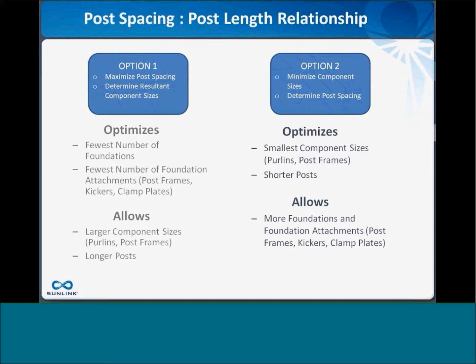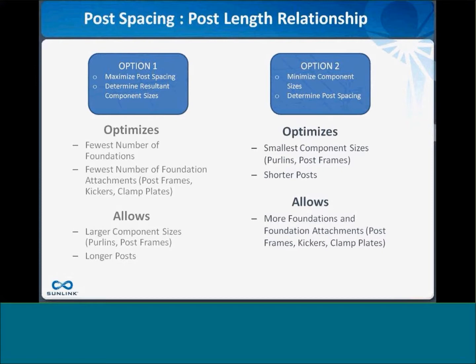So however your racking is attaching to that post, which is often an expensive piece of your racking system, that will be minimized if you're minimizing the number of posts you have on site. However, what you're allowing with that optimization pattern is larger component sizes spanning from one post to the next, and also, again, potentially longer posts.